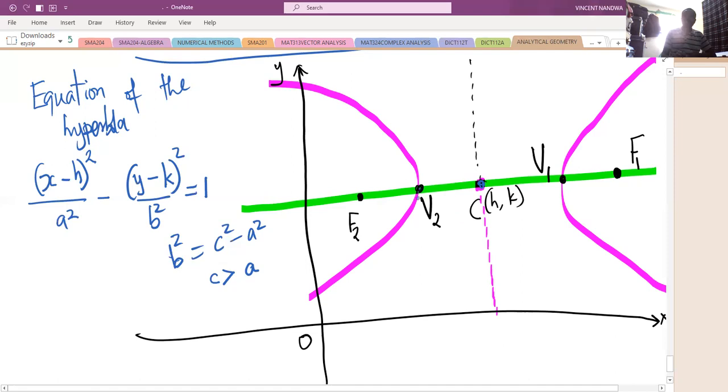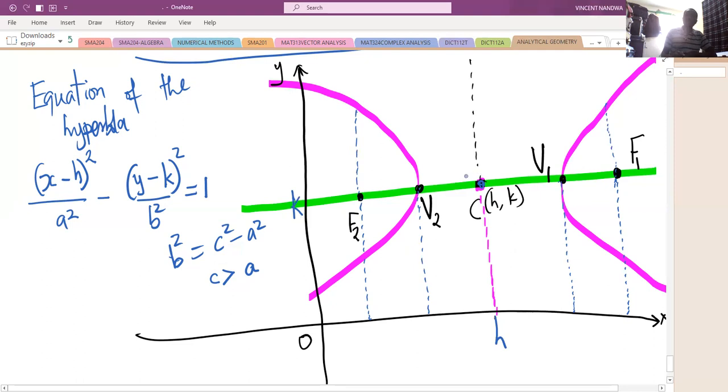So if you dot this and then dot this, you can do the same for this. Because we know this point is (h, k), then this must be h, and this must be k.